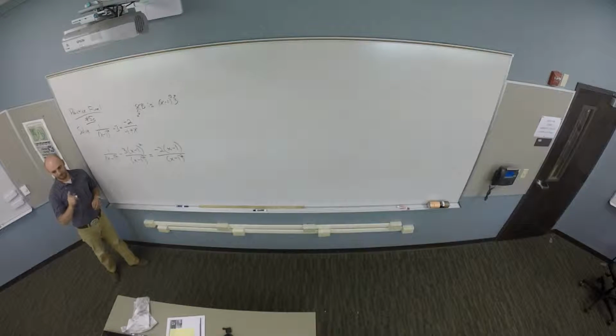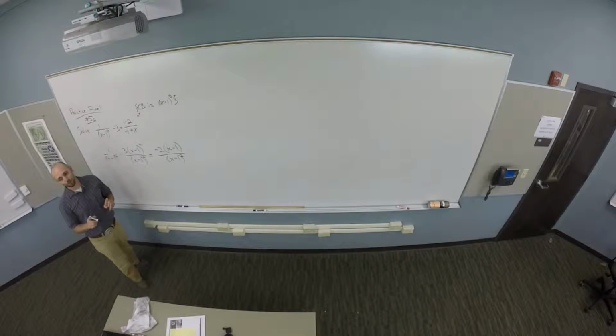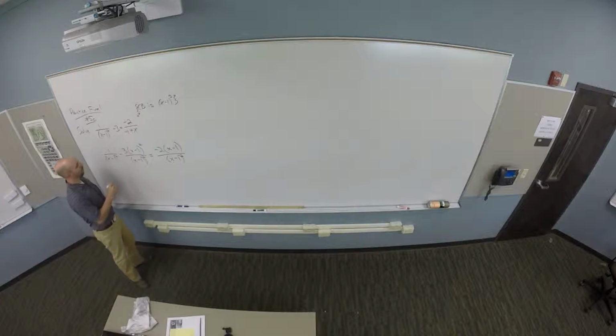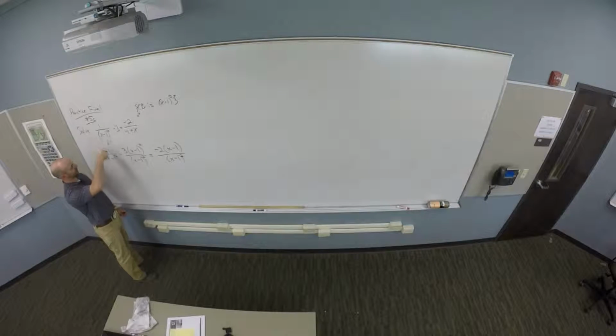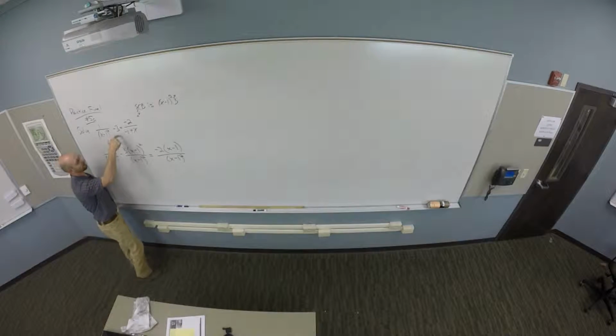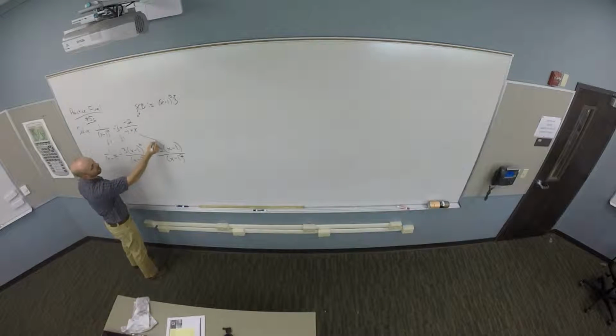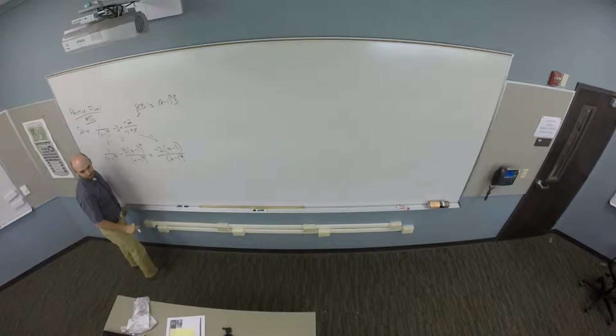Okay, so this is where I got all messed up. We did things to one side, but we did different things to the other side. I didn't do anything to this piece. This piece I did multiply by 1 to. And this piece I also multiplied by 1, but in a different way.